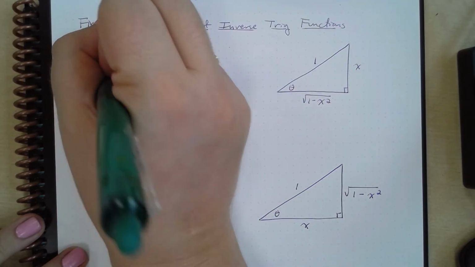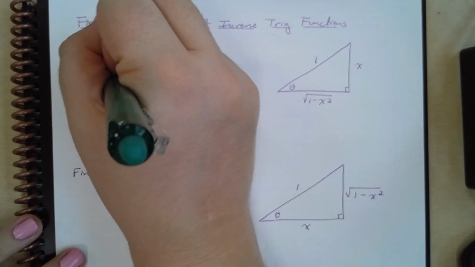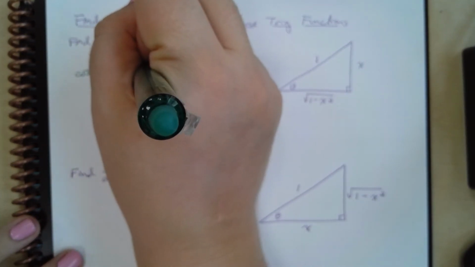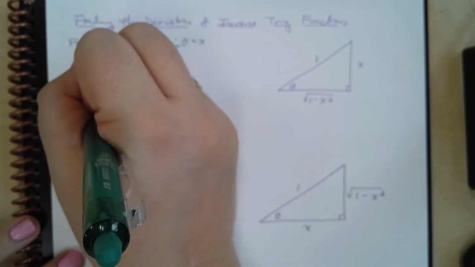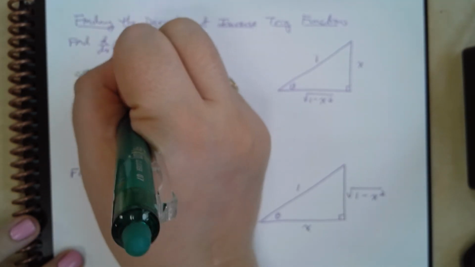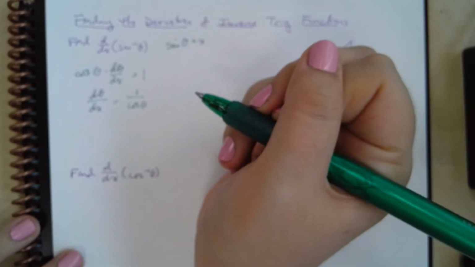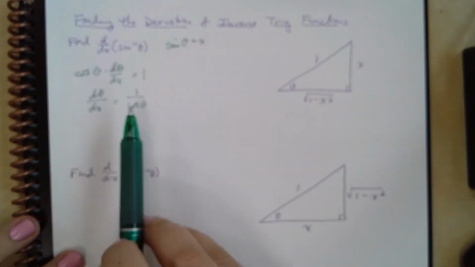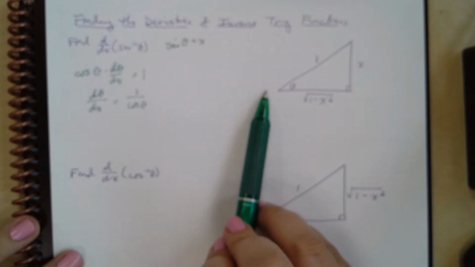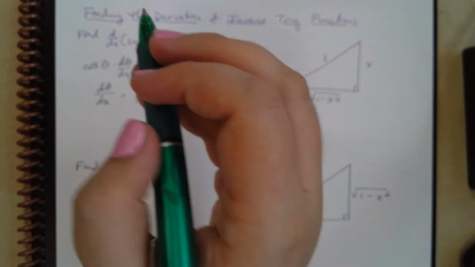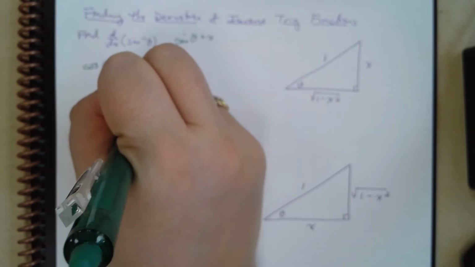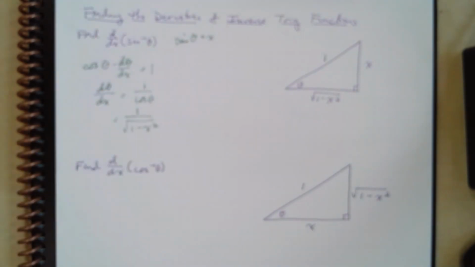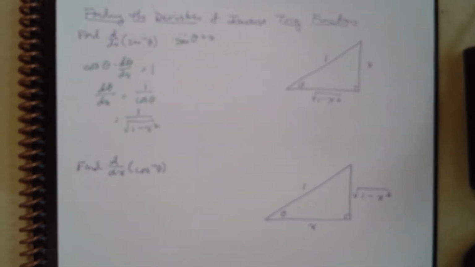Cosine of theta times d theta over dx is equal to 1. So d theta over dx is equal to 1 over cosine theta. And cosine is adjacent over hypotenuse. So this is going to be equal to 1 over the square root of 1 minus x squared. Hopefully that makes sense to you.